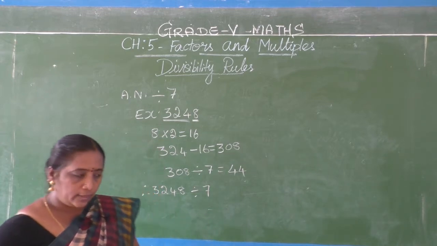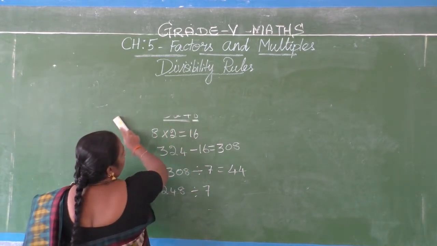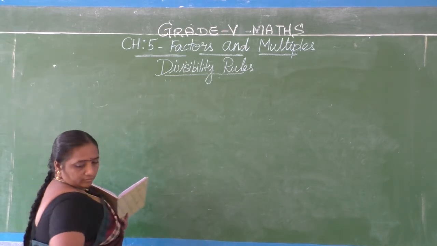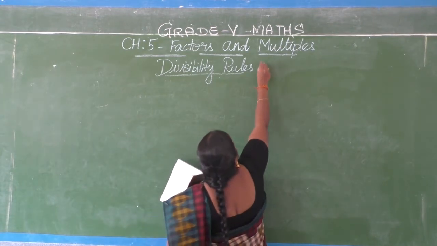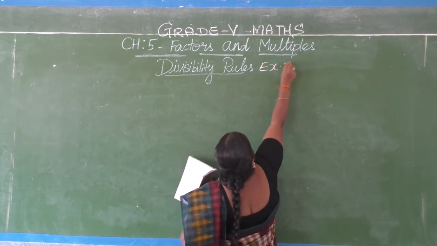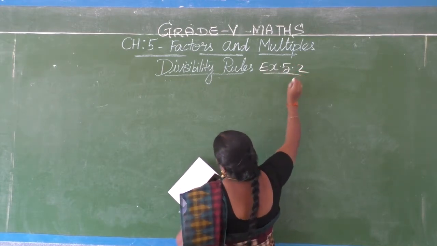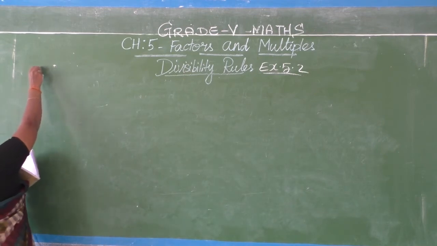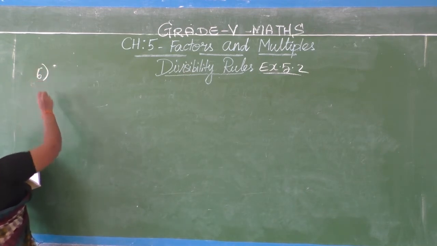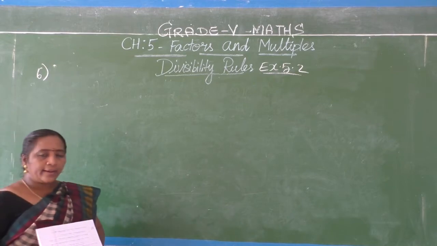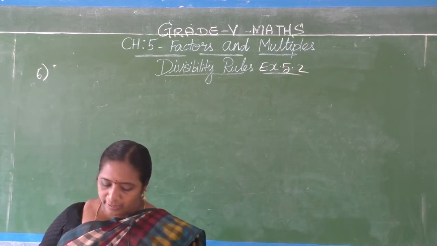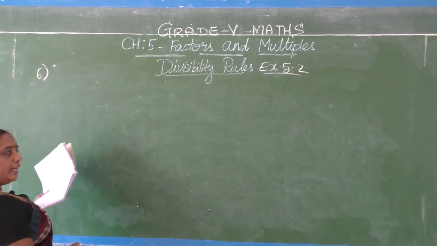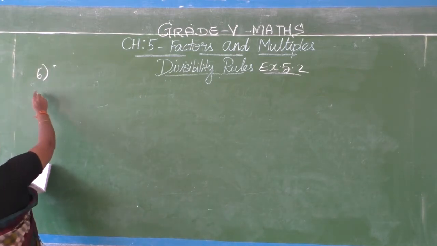See, 6th problem, Exercise 5.2. Without actual division, determine whether the first number is divisible by the second number. We are using the divisibility rule and doing these sums.